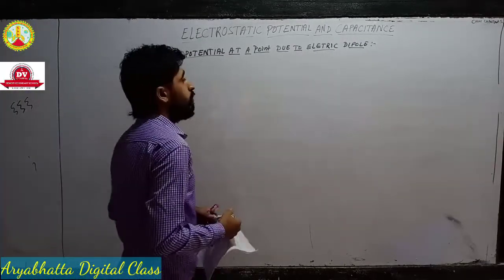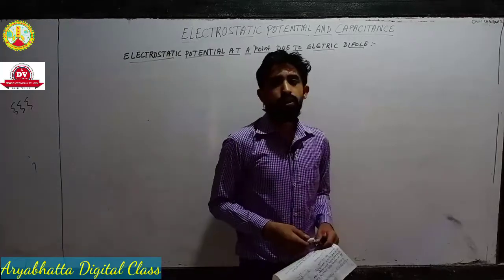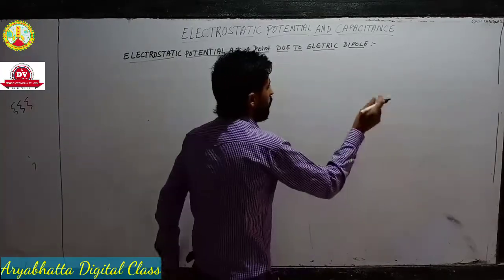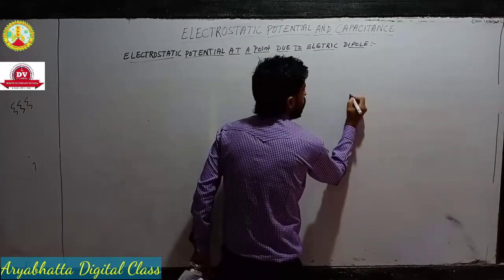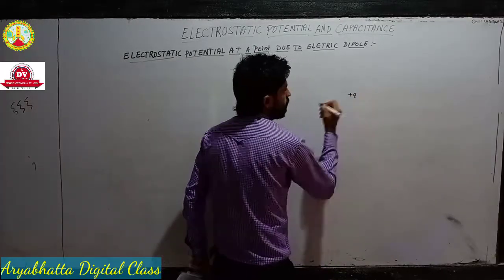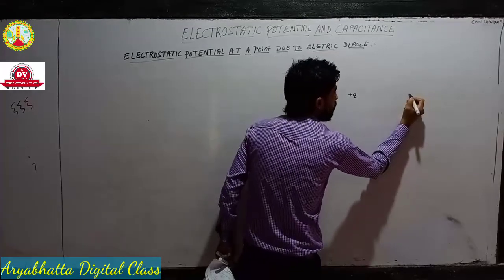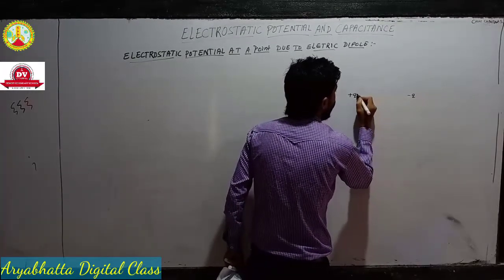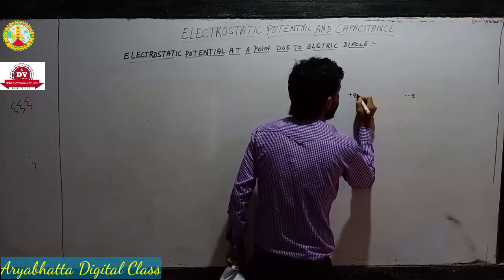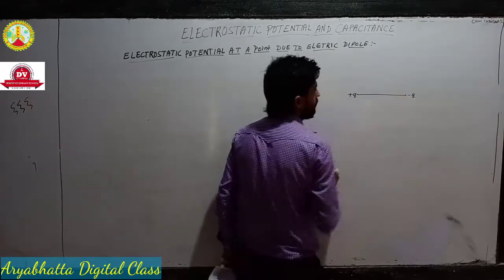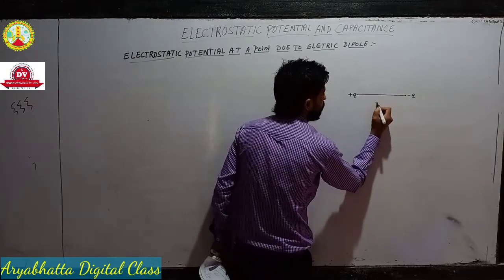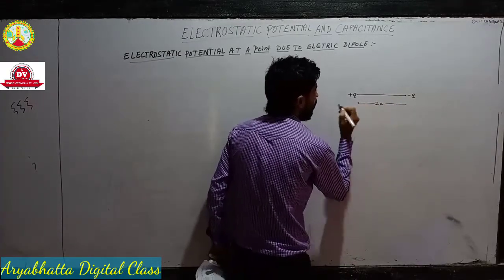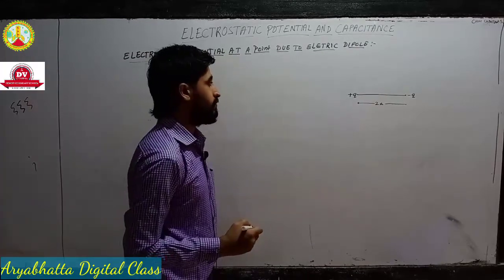If you remember in your first chapter, we have learned about electric dipole. Let me remind you what an electric dipole is. There are two charges, one positive and another negative, separated by a small distance, let's say 2a.